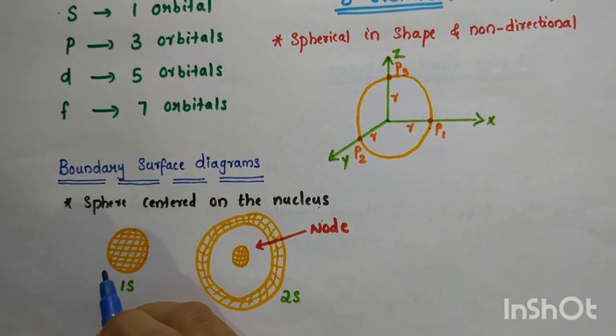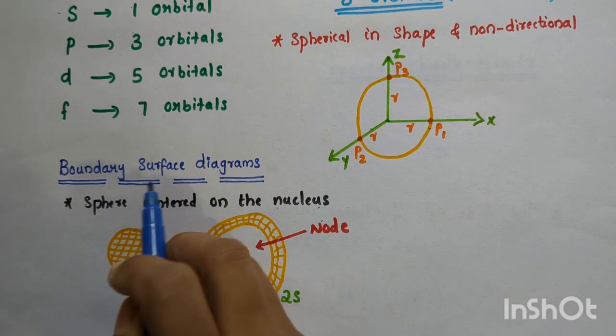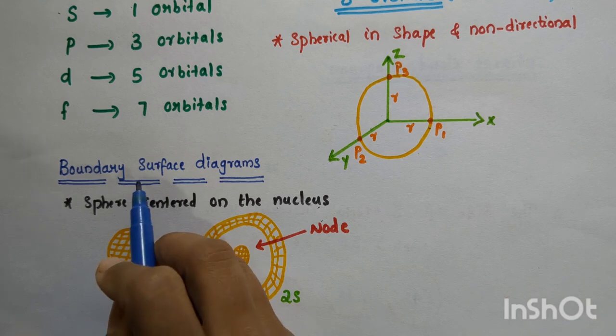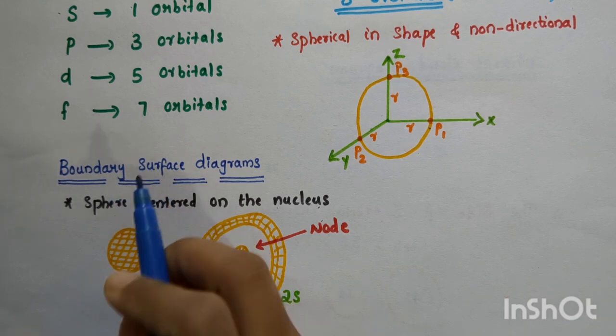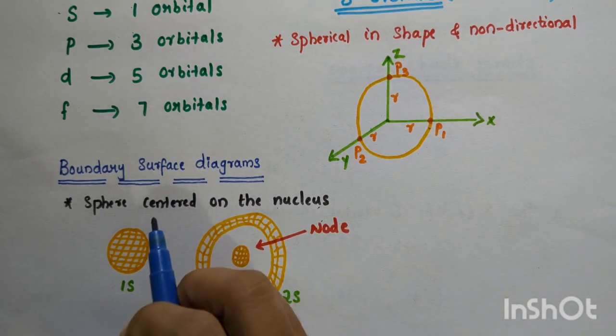Now, let us talk about the boundary surface diagrams of s orbital. Boundary surface diagrams are graphical representations of the surface that encloses a molecule or an ion, indicating the boundary beyond which electrons are not likely to be found.